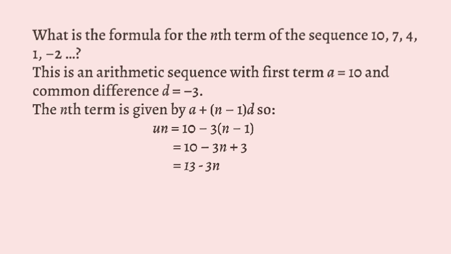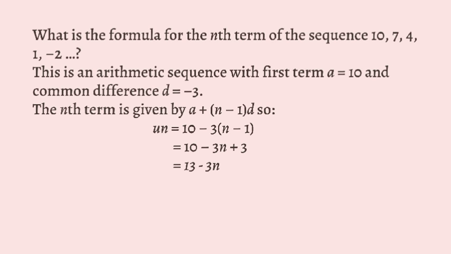So, what is the formula for the nth term of the sequence 10, 7, 4, 1, minus 2? This is an arithmetic sequence with first term a equals 10 and common difference d equals minus 3. The common difference we get from 7 minus 10 equals minus 3.